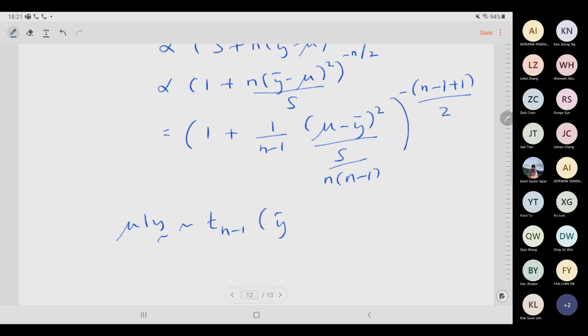The mean here is y bar, and the variance is S over n minus 1.